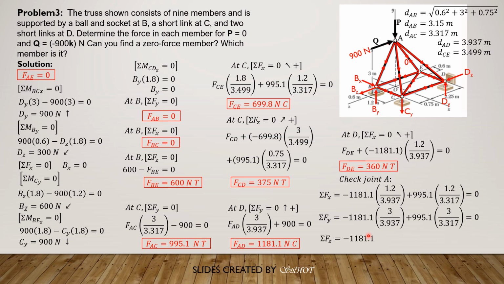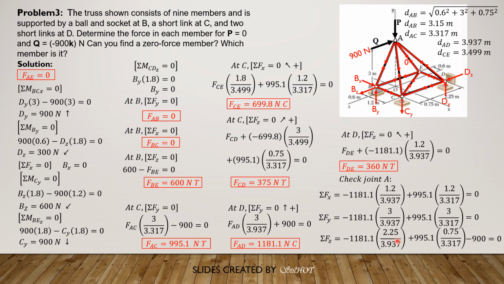Summation forces Y at A equals, so everything is going down, so negative FAD, it is compression, so negative 1181.1 times the Y component of distance 3 divided by distance 3.937, plus FAC 995.1 times 3 divided by 3.317. Evaluating, it is also 0.